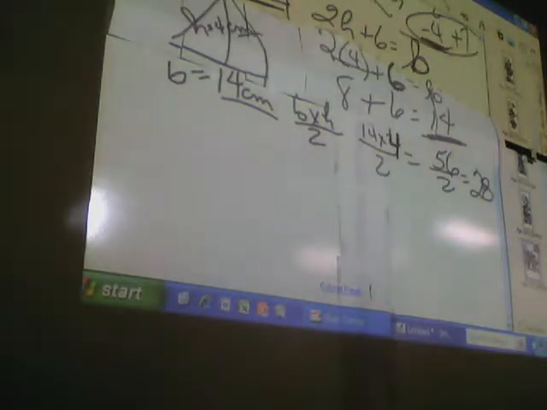Okay, the next one, number 27. A mason wants to be sure he has a right corner in a building. So he's building a building. He wants to make sure that he has a right angle here. He marks a point 3 feet from the corner. This will be 3 right here.